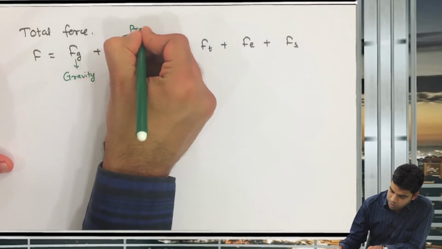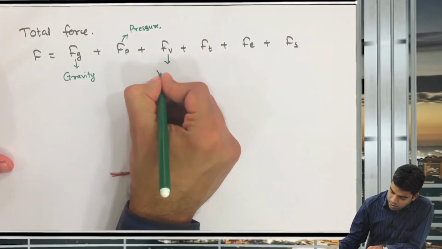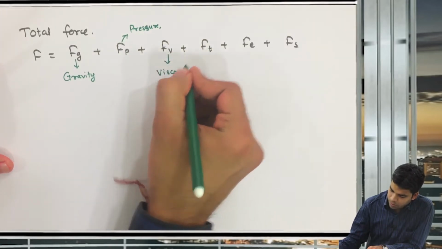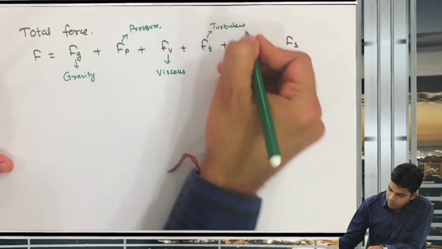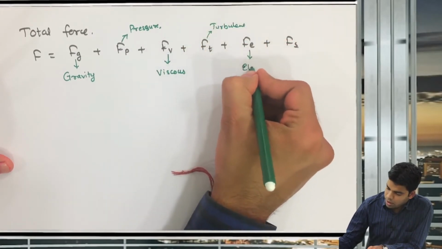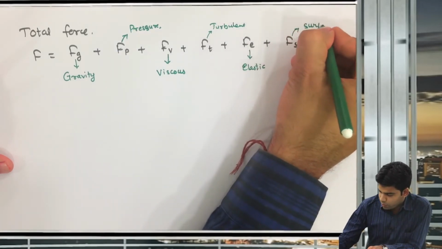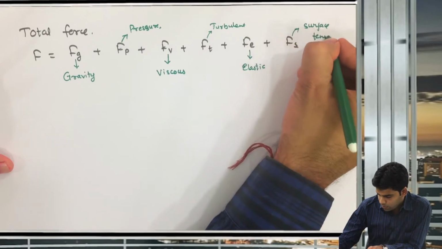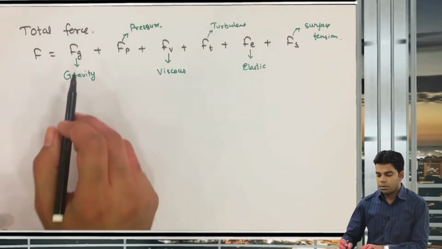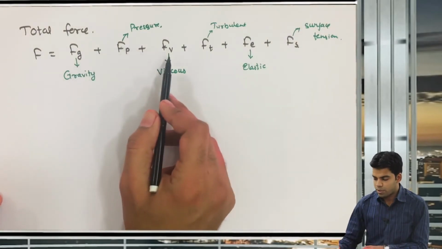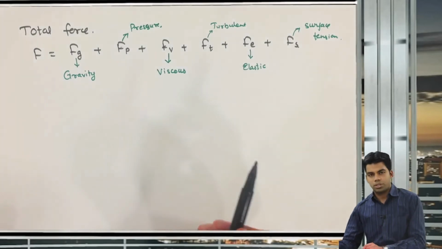Fp is a pressure force. Then we have Fv, which is viscous force. Ft is turbulent force. Fe is elastic force, and Fs is surface tension force. So these are all the kinds of forces acting on the fluid: gravity force, pressure force, viscous force, turbulent force, elastic force, and force due to surface tension.